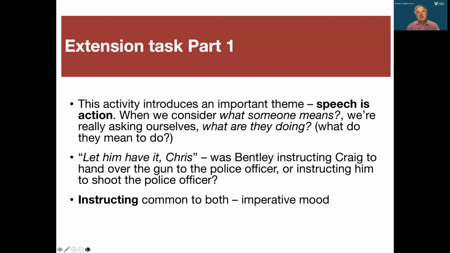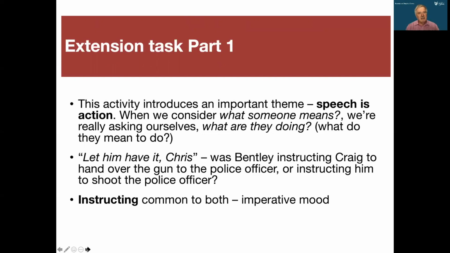Now, going back to the first, speech as action, there's here an extension task which you have, which concerns a murder trial from the early 1950s, I think it was 52 or so, in which the evidence hung, and I won't go into detail because you will have access to the information about this on the extension task, but it concerned the utterance, "Let him have it, Chris."